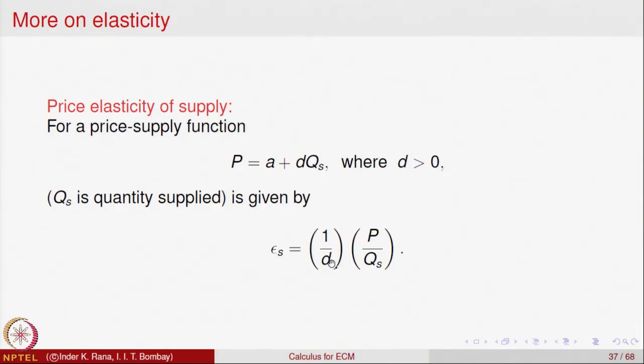So, here the coefficient of elasticity of supply is 1 over D, because we have to put in terms of minus. So, that is minus minus, so that cancels. So, it is 1 over D, P by Qs. Price elasticity of supply for the linear equation. One can interpret it accordingly in situations.